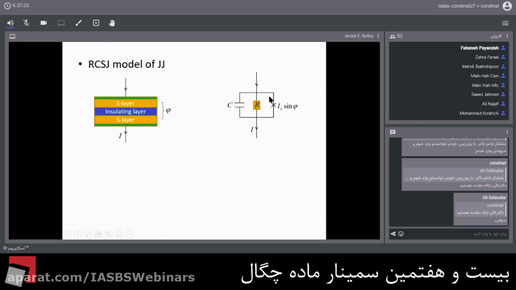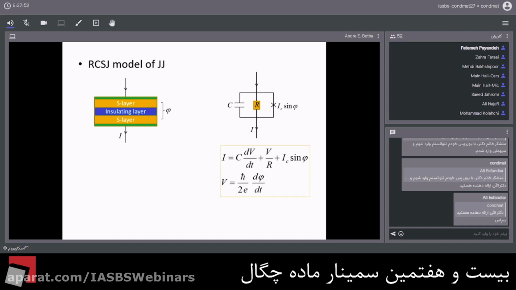So you have an ideal junction, but also one has to take into account resistance and capacitance that occur in non-ideal behavior. And this leads to what is now known as the resistively and capacitively shunted junction model of the Josephson junction, which is a very widely used phenomenological model of such a junction.